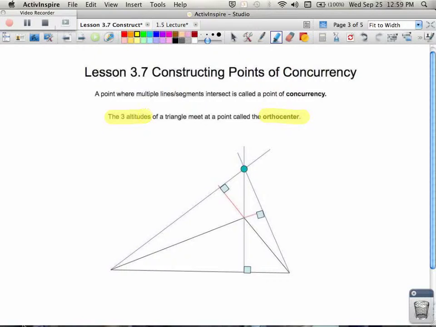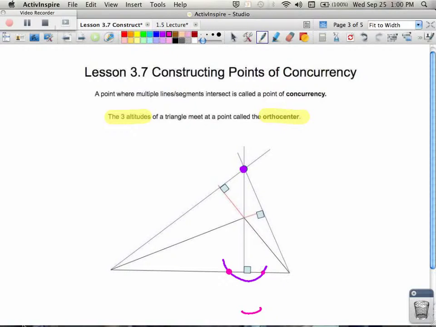Let's say I pick the top point of my triangle to make an altitude. I put my compass on the top vertex of this triangle. I stretch it out past halfway, and I make an arc out in space. From where that arc intersects the two places on the bottom side of my triangle, I place my compass point. I can restretch my compass if I want to or not, and I make an arc out in space.